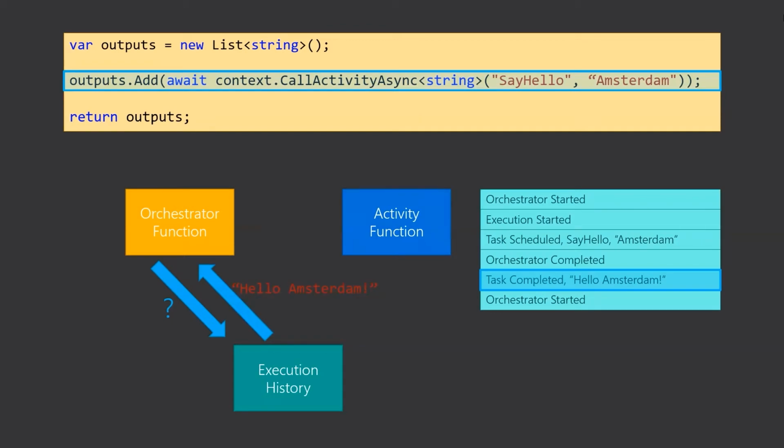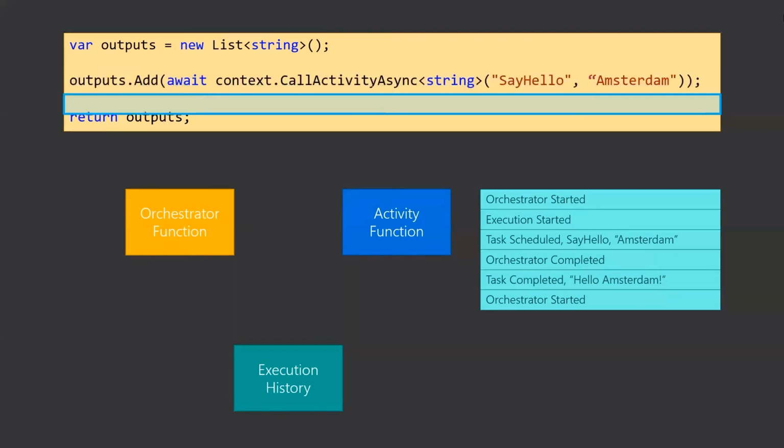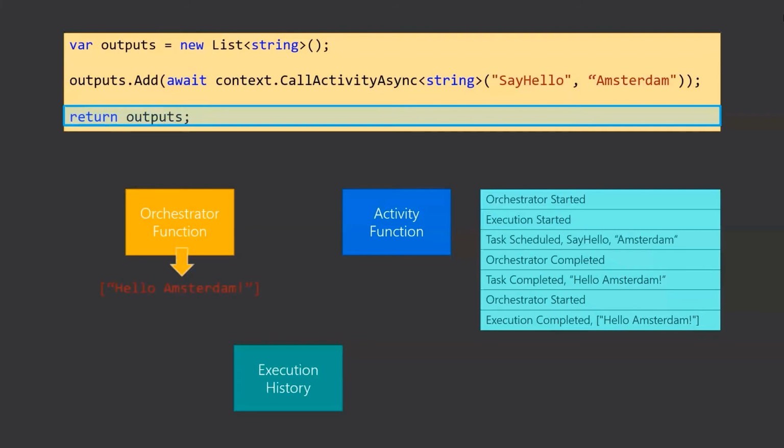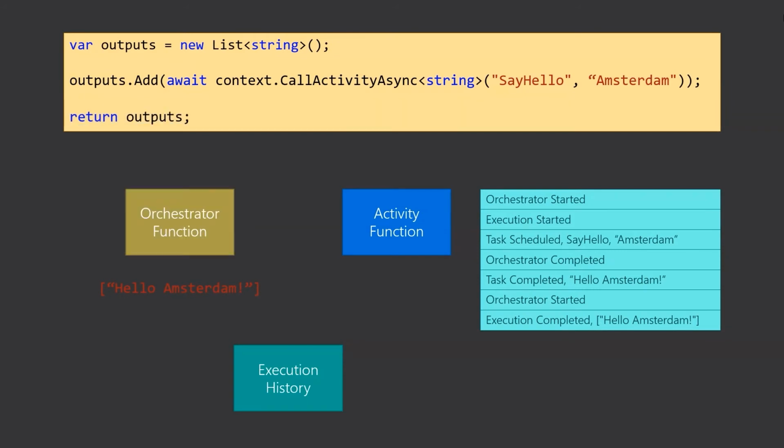So the orchestrator at that point doesn't really have to await anything else. It's just going to run the rest of the code with that result. So it will add hello Amsterdam to the outputs and return hello Amsterdam. And at that point, the execution is completed, and at that end, the orchestrator has completed. So you have the whole process here.